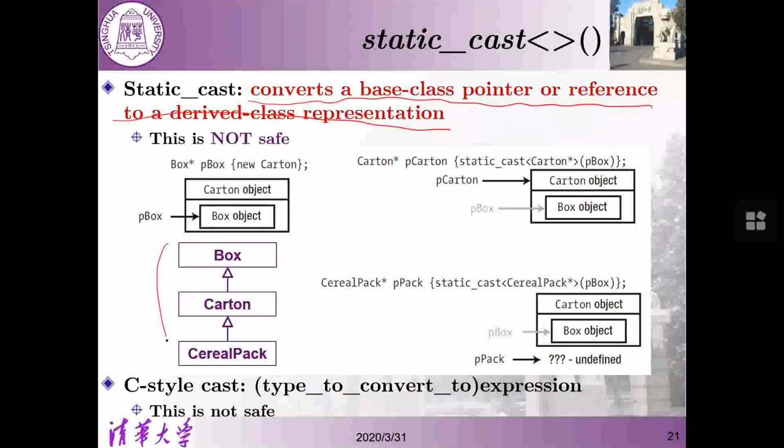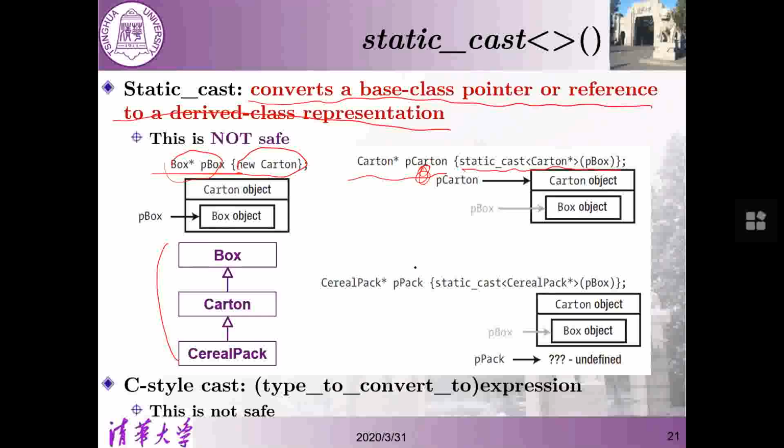Still for this inheritance diagram, if we have a carton object, which is already upcasted to a box pointer, we can use static cast to cast it back to carton, right? Because it is originally a carton object, we can cast it back.